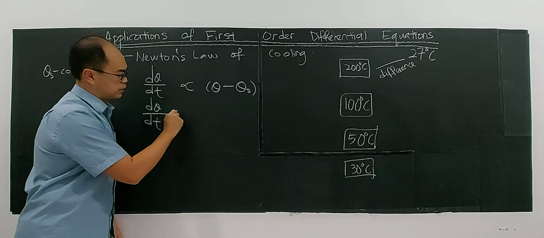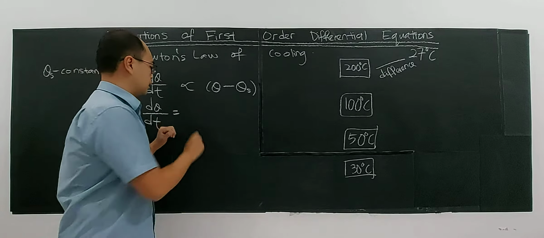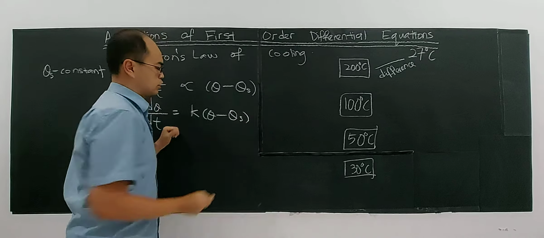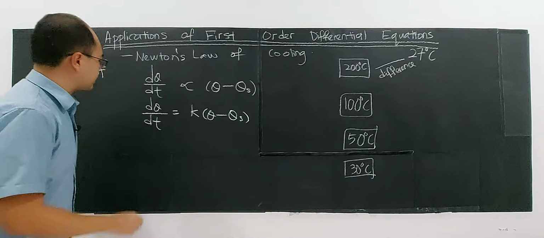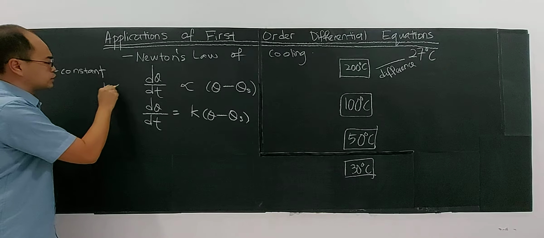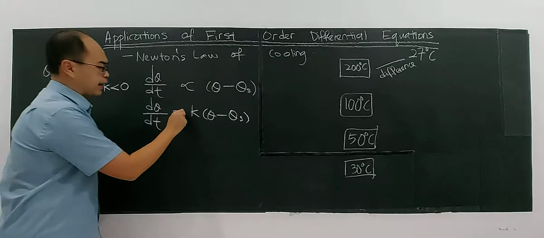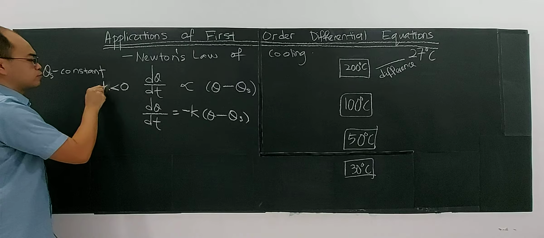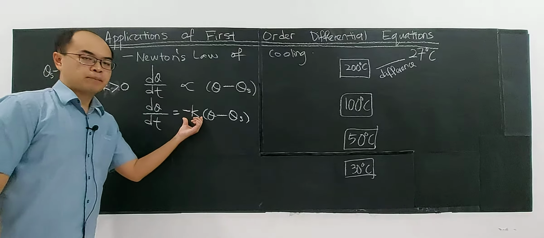As this is a decreasing rate, it's okay to put just a K here. But you must know that K is actually a constant less than 0. If you put a negative K, then K will become positive, which is not a problem.